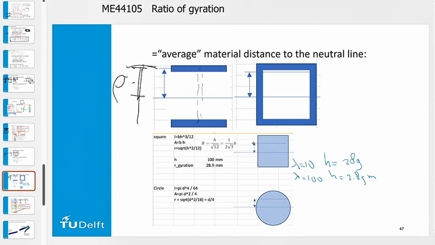If I have a square, so a full solid block, then my radius of gyration is around 30%, so 28.9% compared to the height. And if I take a circle, then it is exactly a quarter of the height.